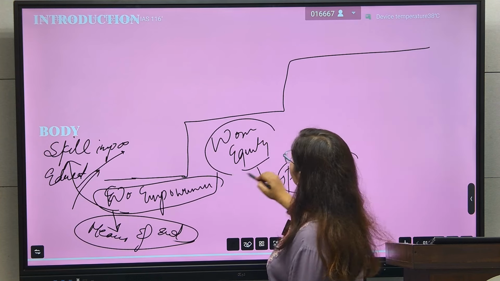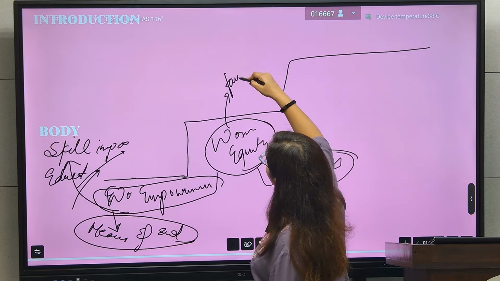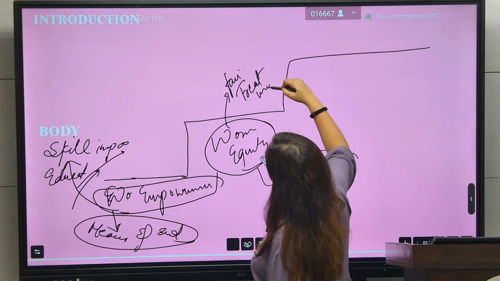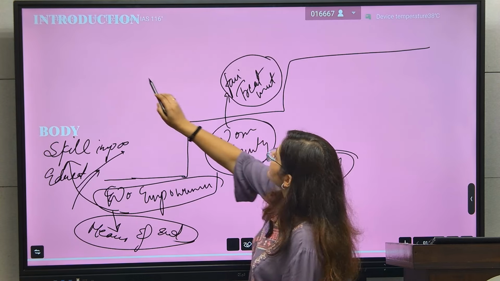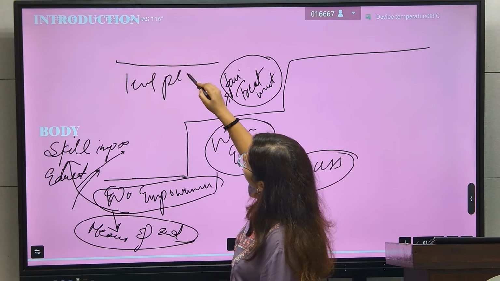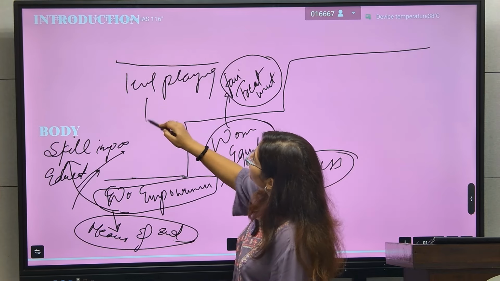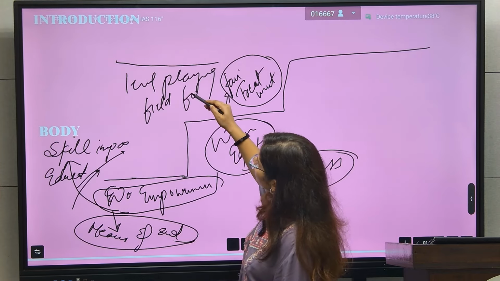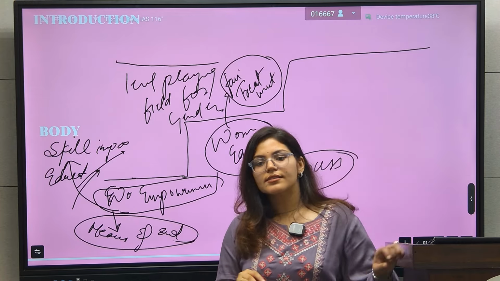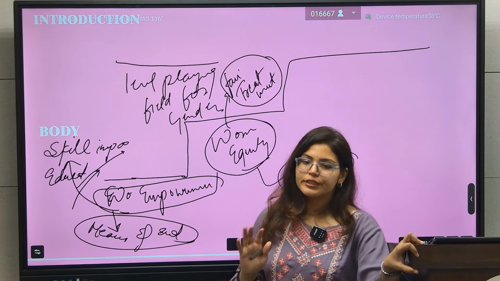So what is gender equity? That is fair treatment. Fair treatment means a level playing field. There should be a level playing field for genders, so there is the same starting point for every gender.